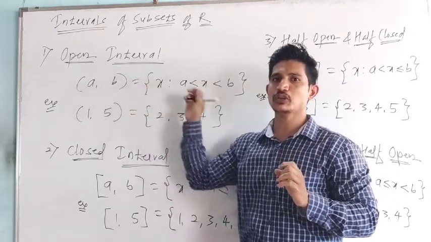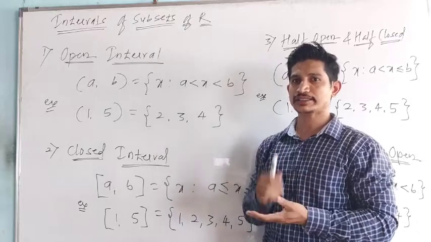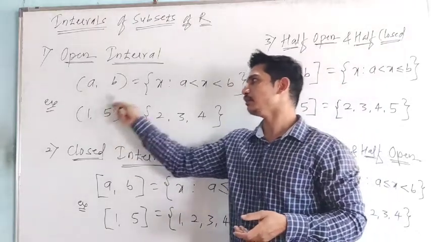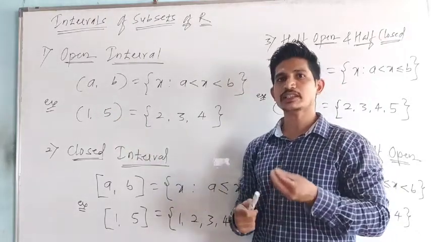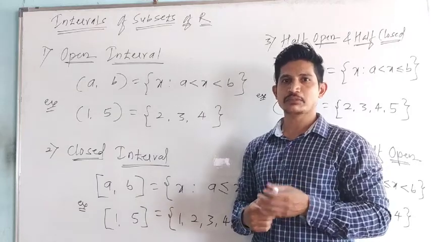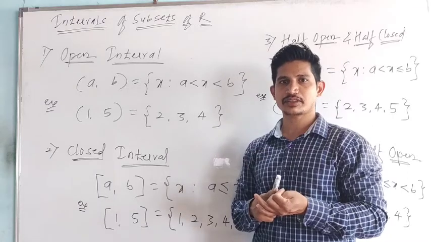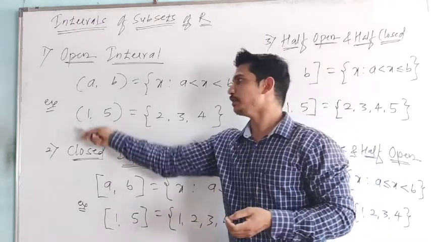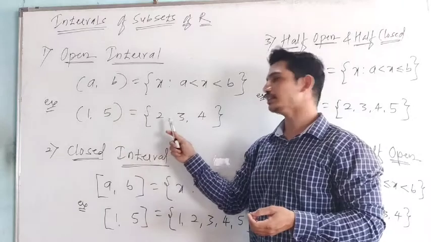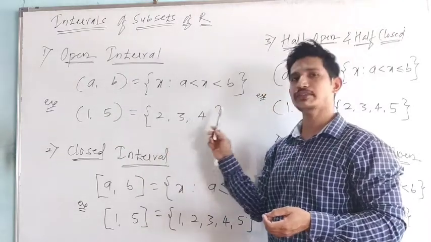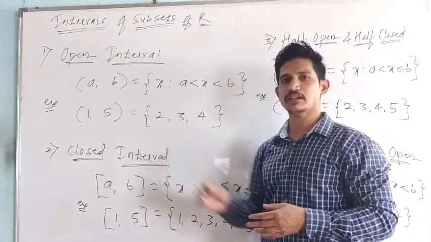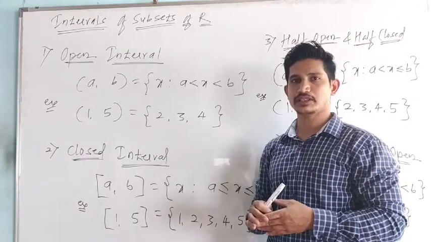It is called an open interval. For example, suppose there is the open interval 1 and 5. Which are the numbers between 1 and 5? Between 1 and 5, 2, 3, 4 are there. So the open interval 1 and 5 means the set 2, 3 and 4. 1 will not come here, 5 will not come here.